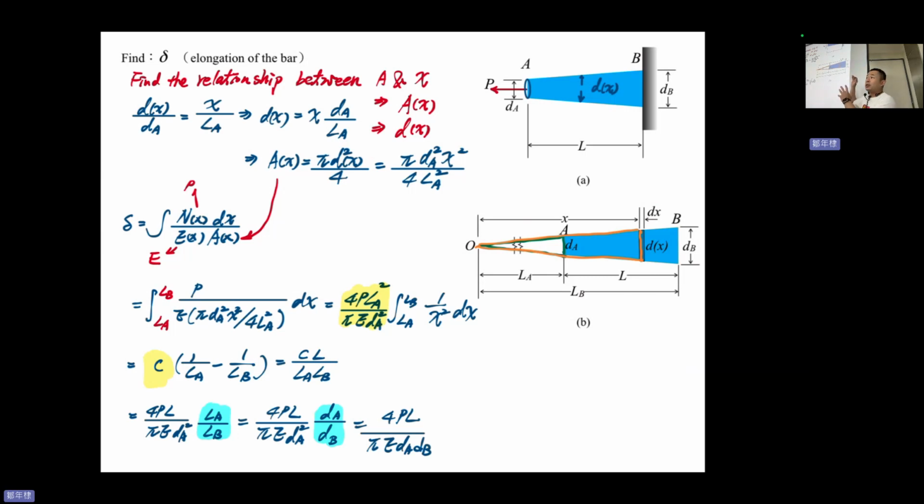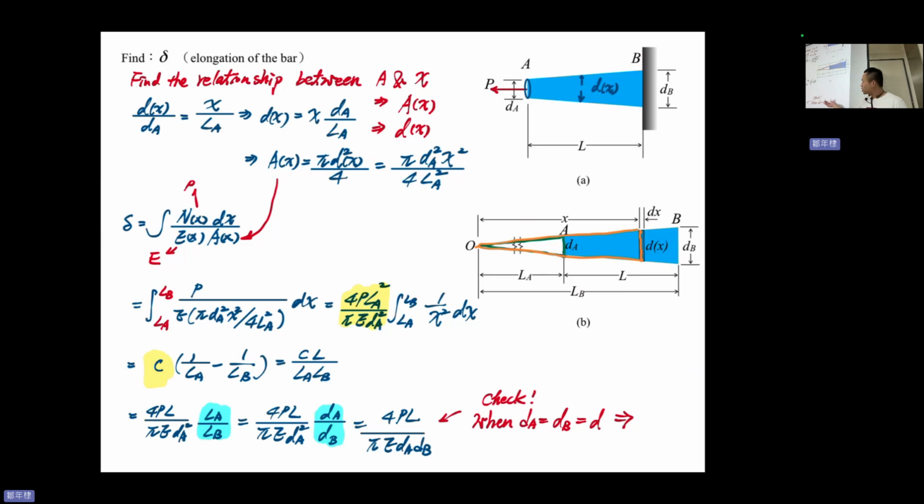If you make a point load P on the left-hand side, and then you have a gradual change of the cross-section. So how about that? I'm going to ask you to do the check. Check when dA equals dB equals D. What will it be?